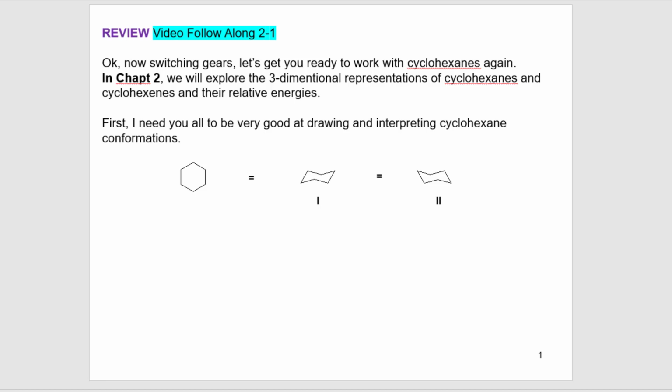So the way that I have the cyclohexane drawn on the left, I consider this to be more of a 2D model, right? It's kind of a flat-looking two-dimensional model. The chairs drawn on the right represent a 3D model.